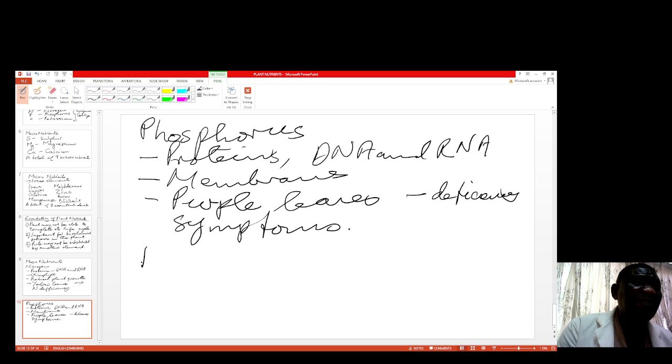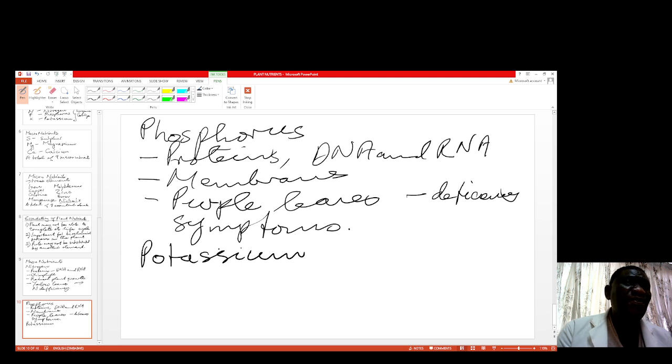Potassium. This is important for the opening and the closing of the stomata.